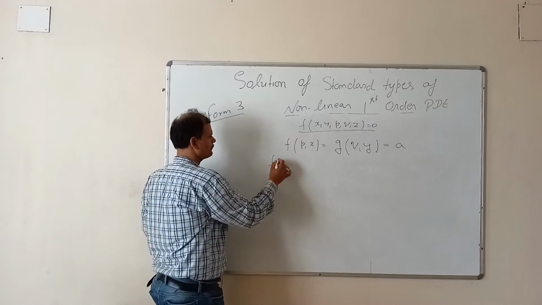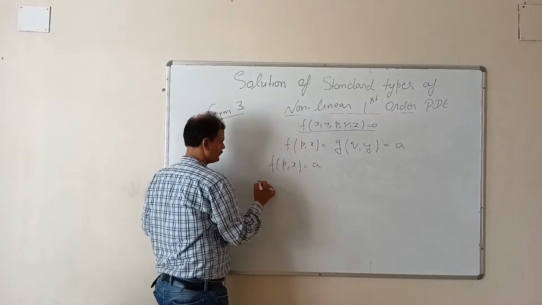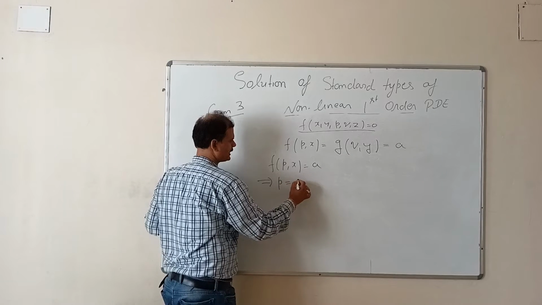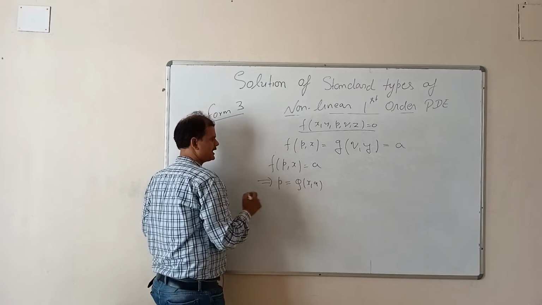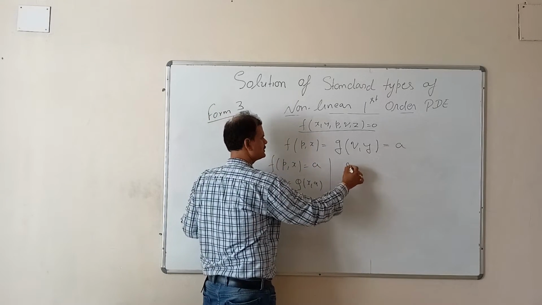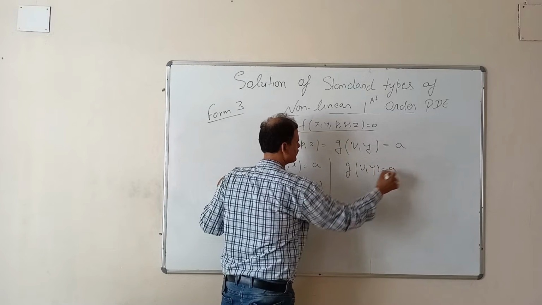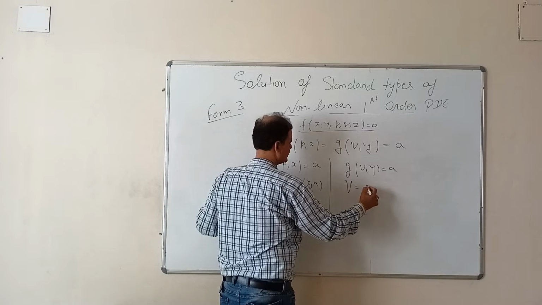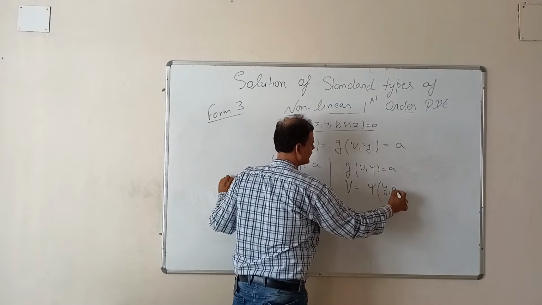Then f of p comma x equal to a. So from here we can get p in terms of x and some constant, right? And the same way here g of q, y equal to a. So here q can be written as some psi of y and a.